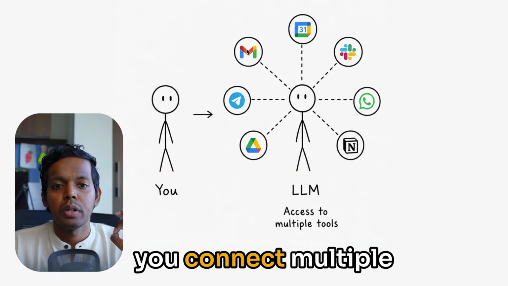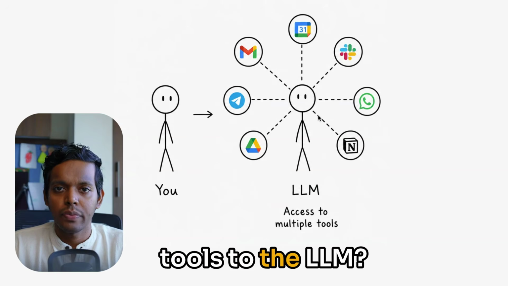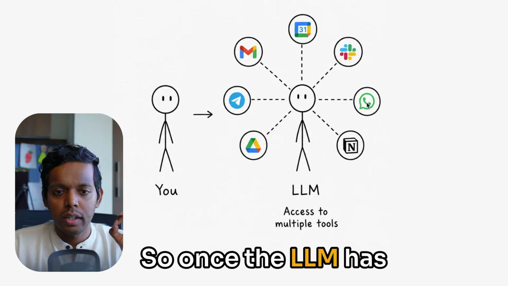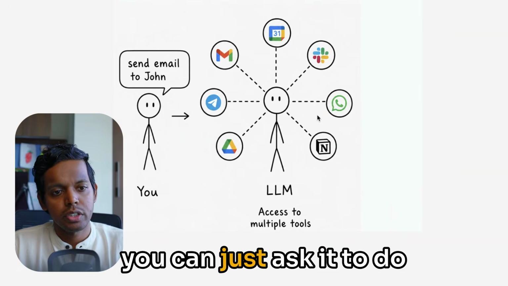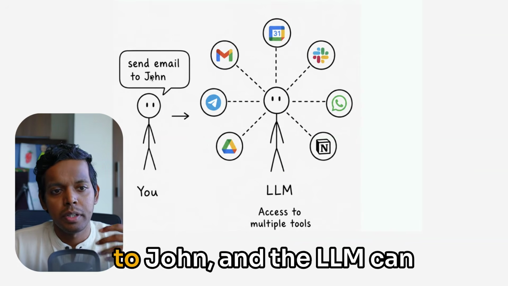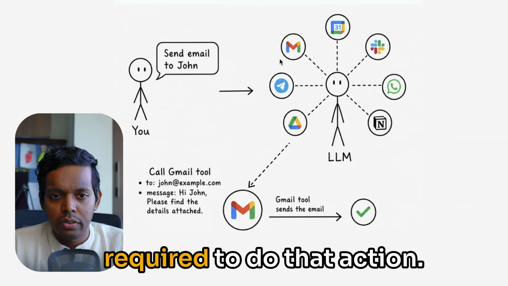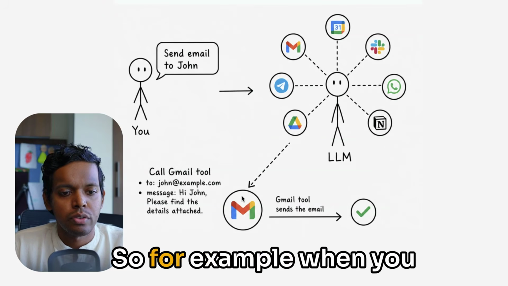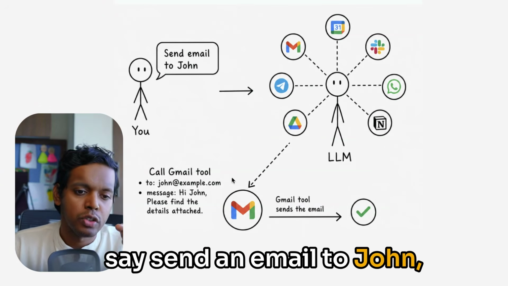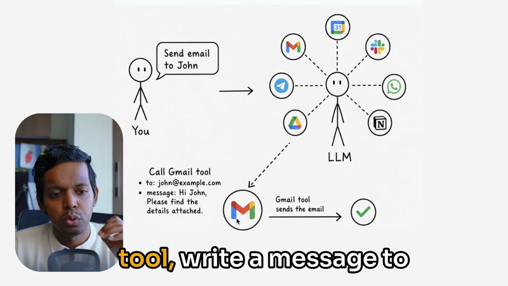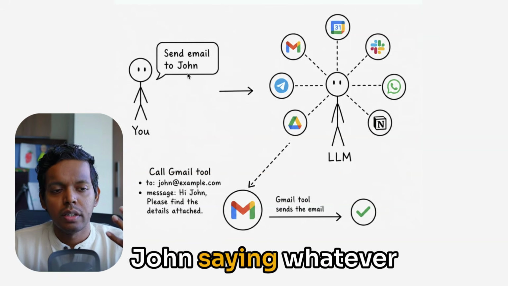What happens when you connect multiple tools to the LLM? Once the LLM has access to multiple tools, you can just ask it to do things like send an email to John, and the LLM can access the tool that is required to do that action. So for example, when you say send an email to John, it can access the Gmail tool and write a message to John saying whatever your message was.